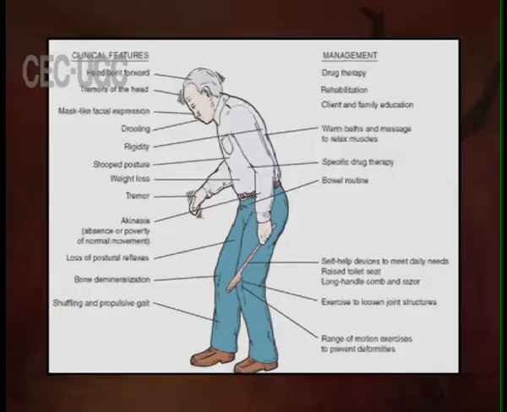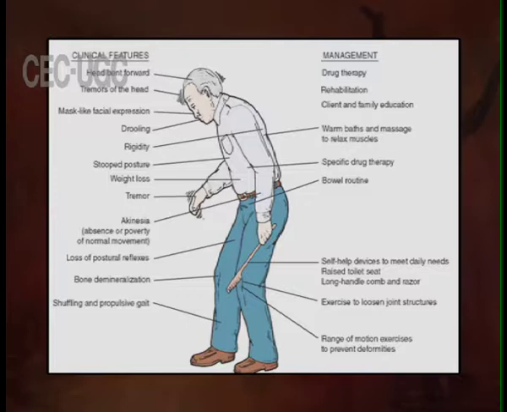Let us look at an overview of the management of this disease based upon the various clinical features. On the left-hand side of the figure, which I am demonstrating to you now, you are able to see the clinical features like head bent forward, tremors of the head, mask-like expression, drooling, rigidity and so on. And on the right side, you see the management.